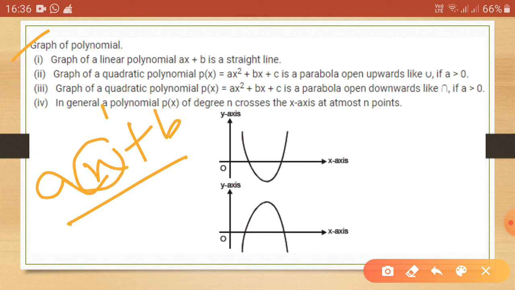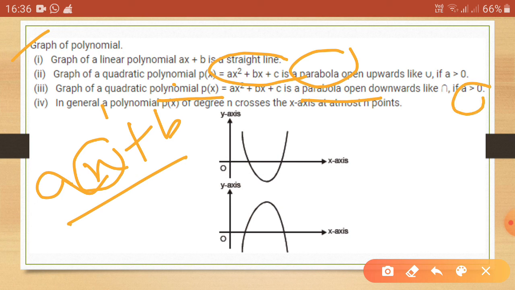So the graph of a linear polynomial will always be a straight line. If the polynomial is ax square plus bx plus c, that means a quadratic polynomial, then it looks like a parabola.